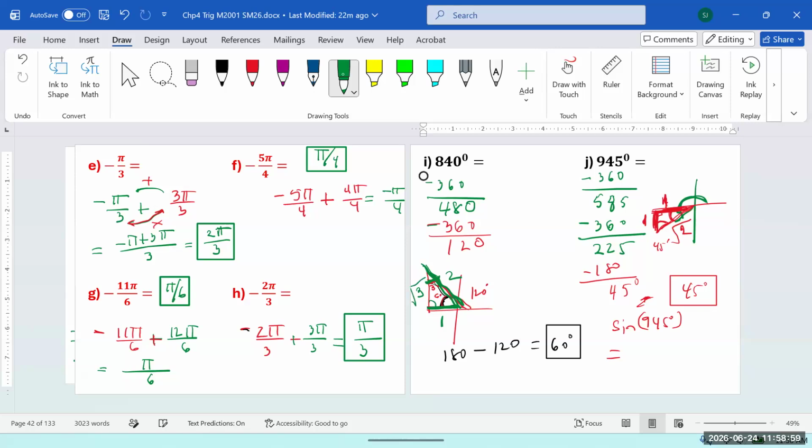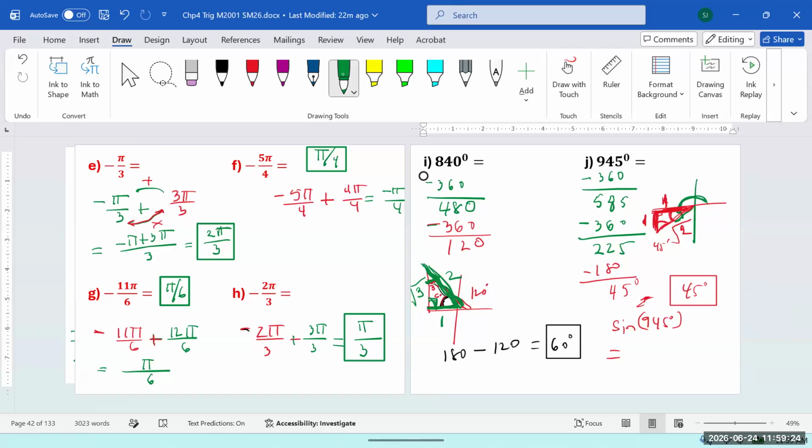And then you have to put it inside the square root. This is our 90 degree here, so its opposite is 2. So basically you do 2 square minus 1 square. So 4 minus 1 is 3, take the square root.